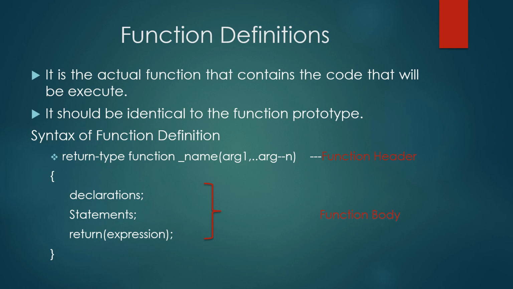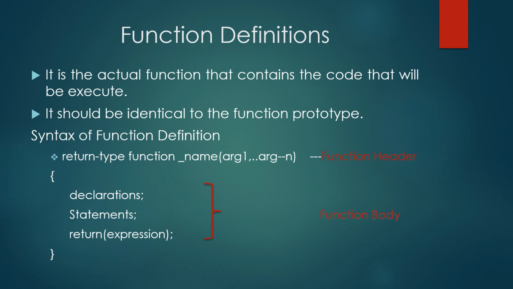See, here is the definition of a function. We have already seen that definition is nothing but giving the value for anything. As the name says, in the function definition we are giving some values for the function. It is the actual function that contains the code that will be executed. It should be identical to the function prototype.